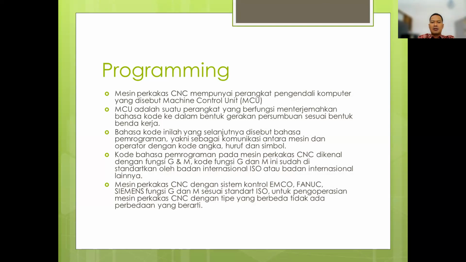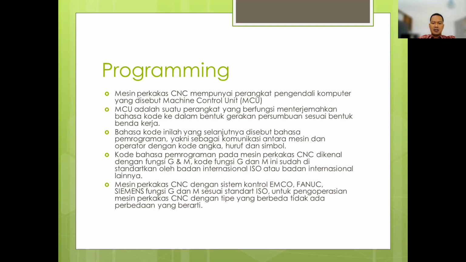Actually, as we know, the CNC machine has an MCU, mechanical control unit, and I already mentioned that before. So this is the same between the turning machine and milling machine. The code used in the CNC, both lathe and milling, is G and M code.